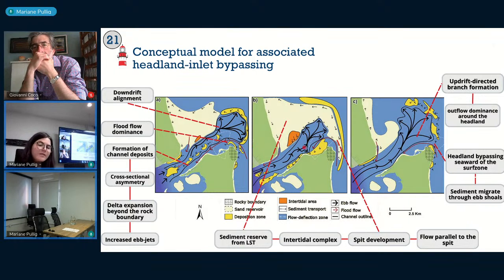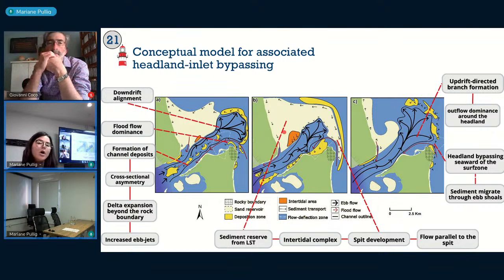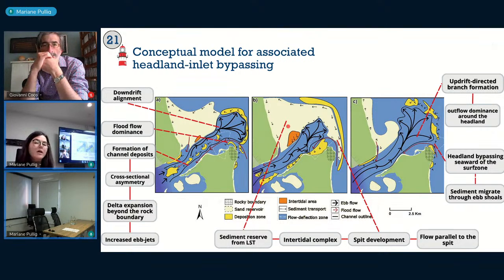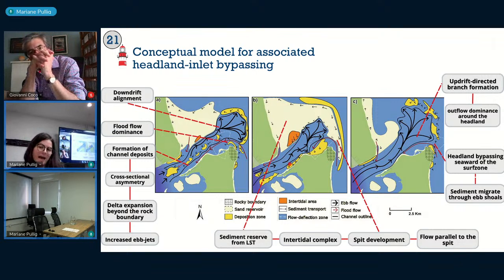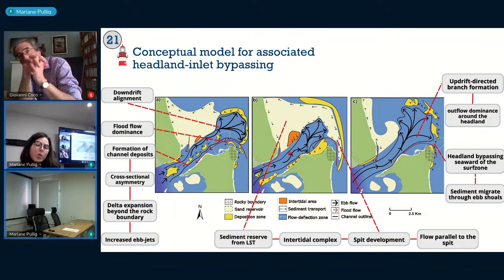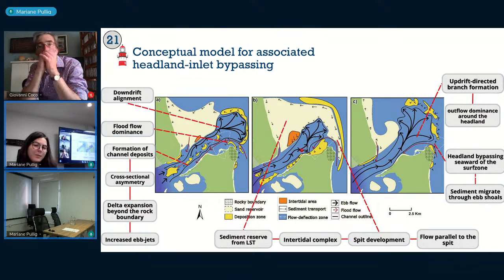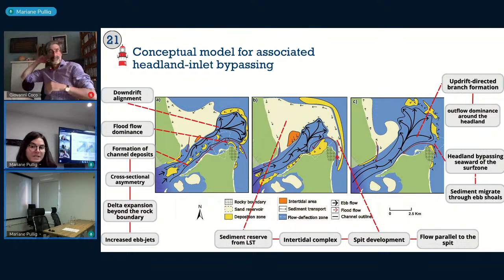This means that there is a reserve of sediment being supplied in the northern lobe. This led to the formation of the intertidal complex and the development of this spit with a drift direction. It's likely that when this happens, we have the ebb flux being redirected in the direction parallel to this spit.